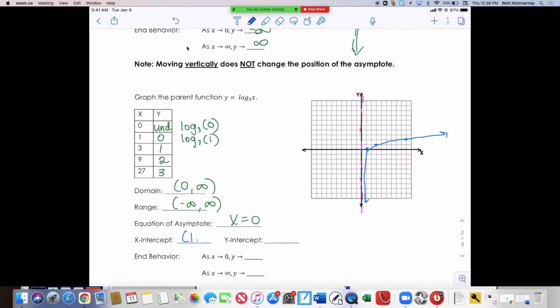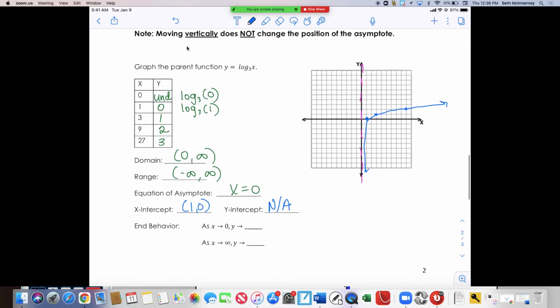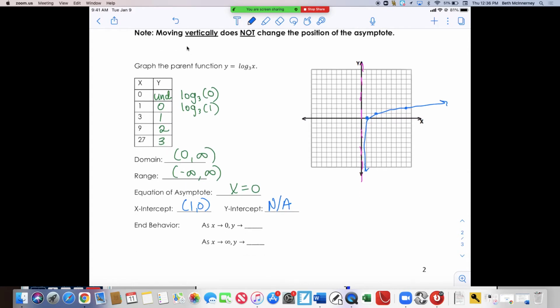So the x-intercept is 1, 0. There's no y-intercept. Then as x approaches 0, it's going to negative infinity. And as x approaches infinity, y goes to infinity.